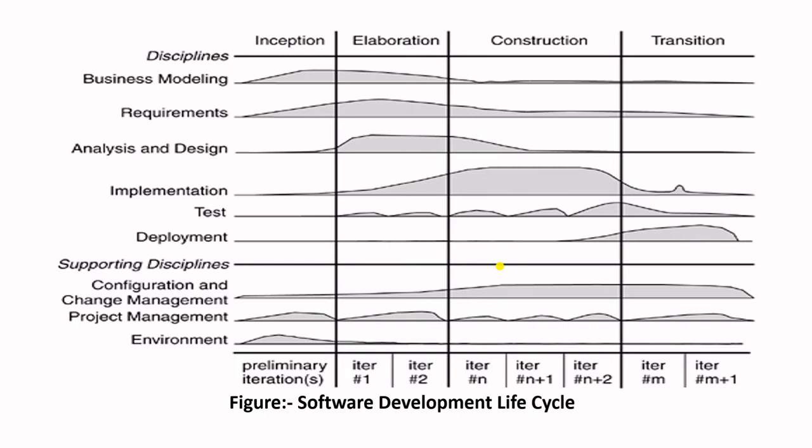This graph shows how each discipline is related to inception, elaboration, construction, and transition. For example, business modeling affects inception and elaboration, and has no role in the transition.